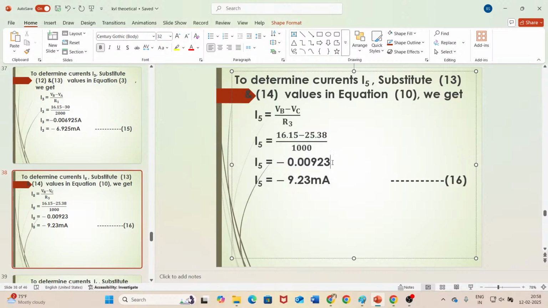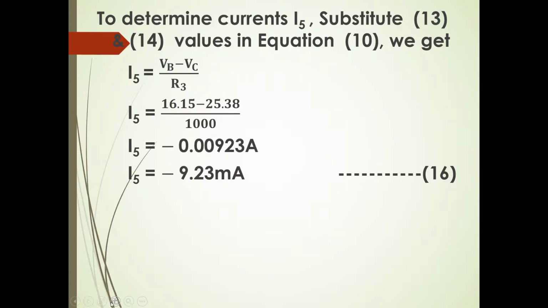The current is in amperes. Theoretically, of course, we are doing theoretical calculations. So I5 current is how much? It is minus 0.00923 amperes, and you can see you have got a negative current.